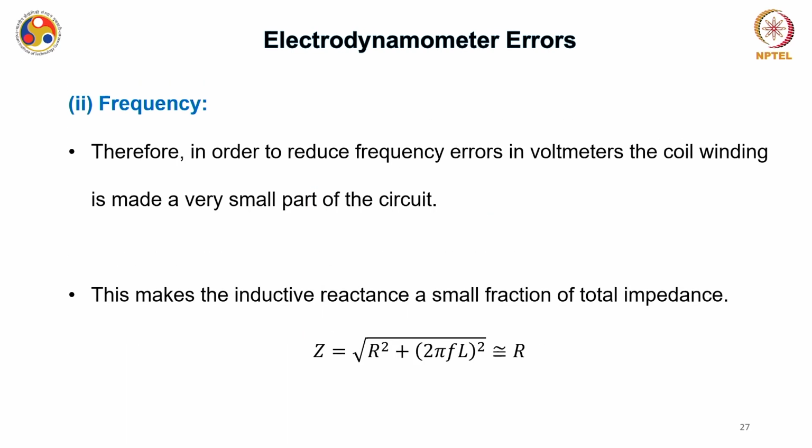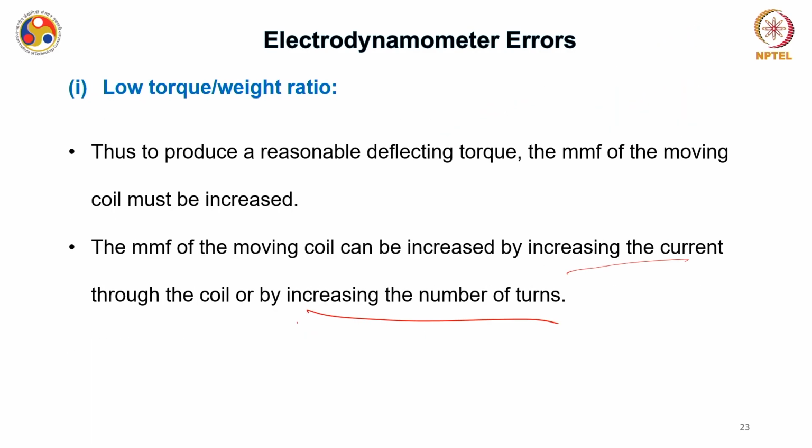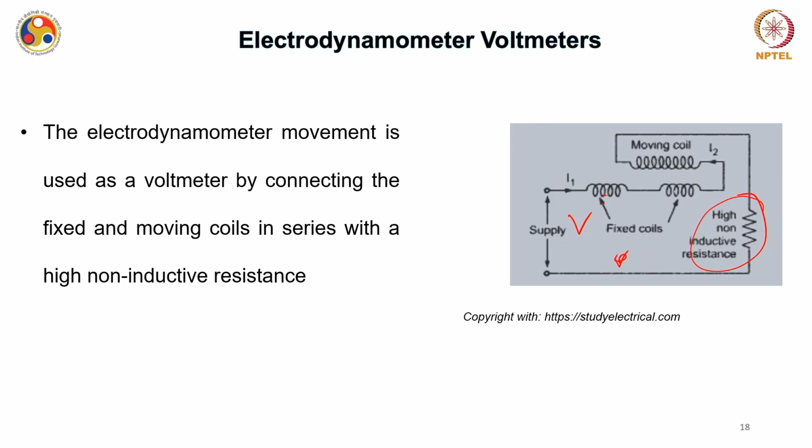Therefore, in order to reduce frequency errors in voltmeters, the coil winding is made a very small part of the circuit. This makes the inductive reactance a small fraction of the total impedance, and you have Z almost completely as a resistance. That is why in the voltmeter we have added a highly non-inductive resistance which has a negligible L part.